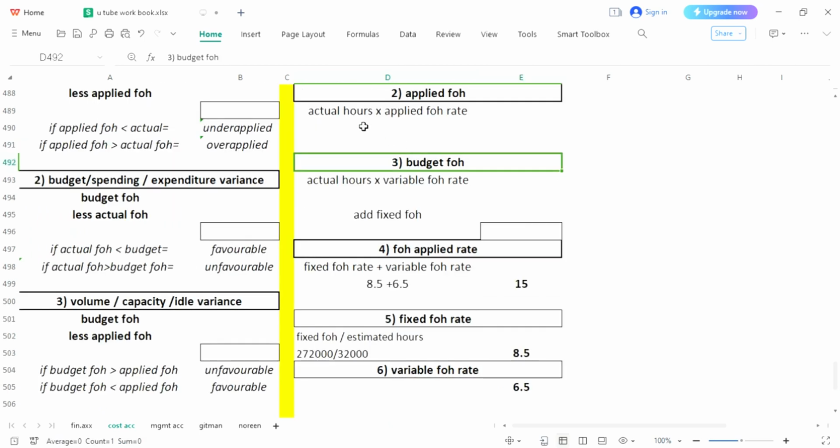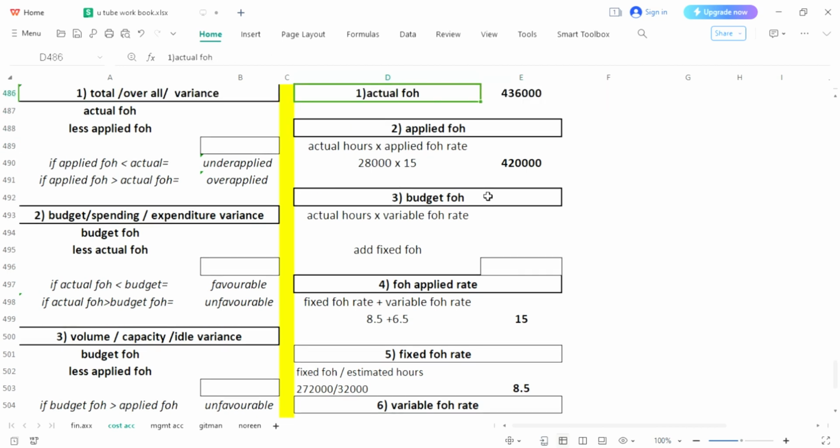Okay, so 28,000 would be put over here, and that would be multiplied by applied FH rate. Here is FH applied rate, which is 15. You can put directly. Statement completed. Now we can calculate 28,000 multiplied by 15. So we have got applied FH.